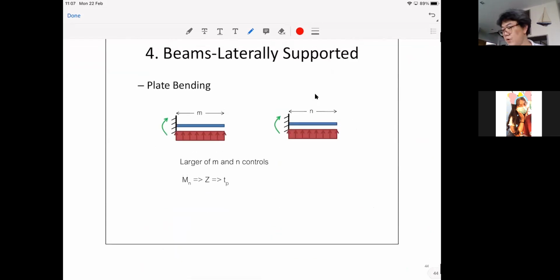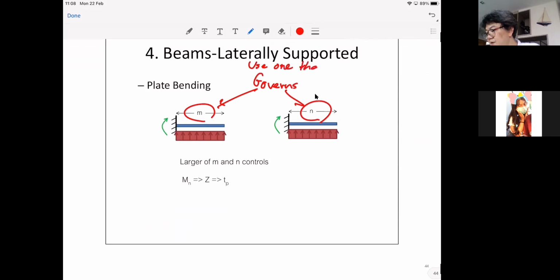But you need to use the one that governs. Okay, so that's it. The local failure of the beam, and then the design of the base plate and the concrete that supports steel.